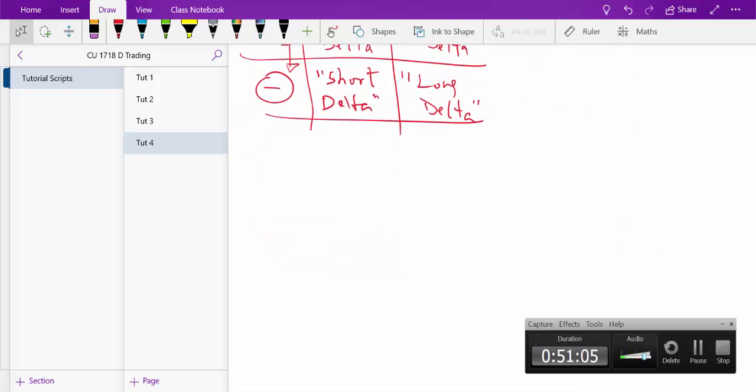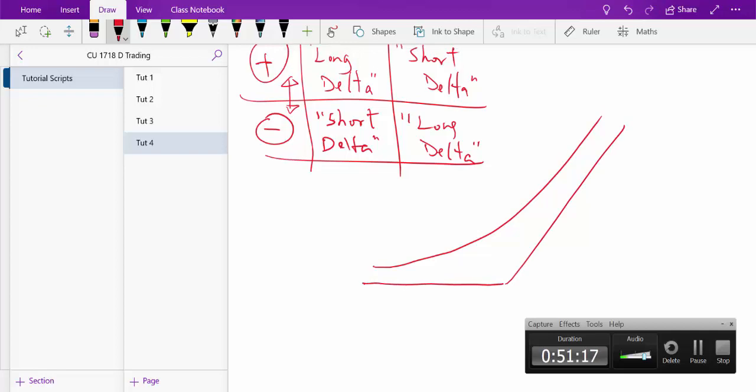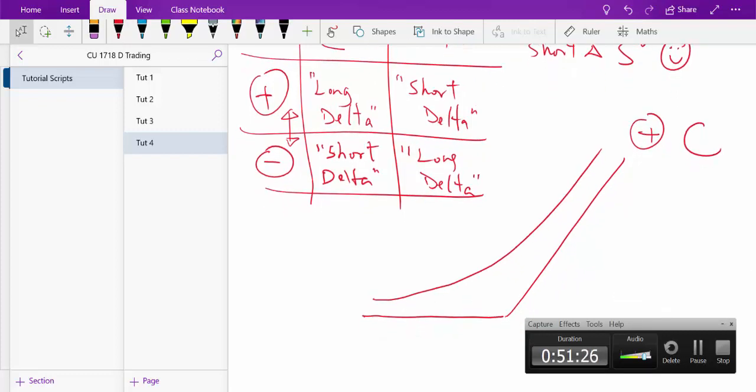Now, the way option traders manage their positions quite often is, when they are long a call option, that means they are long delta. So what they would do is short sell a delta equivalent amount of stock.